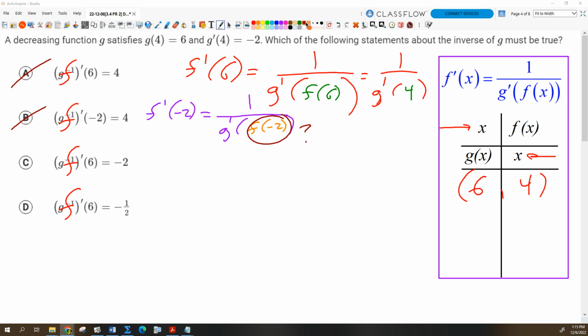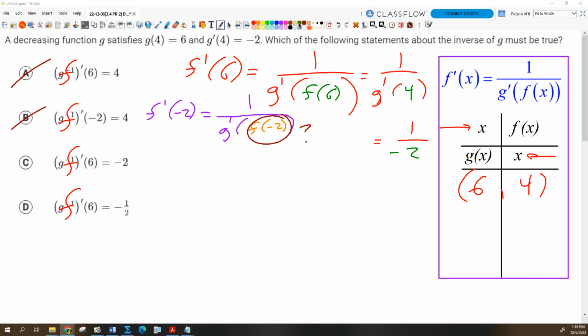How about this guy right here? C is the same as A, isn't it? It's asking us for the same thing, G inverse, I can't talk, which is F prime of 6. Well, that's what we calculated up here. F prime of 6 is equal to 1 over G prime of 4, which is equal to 1 over negative 2, which is the same thing as negative 1/2.